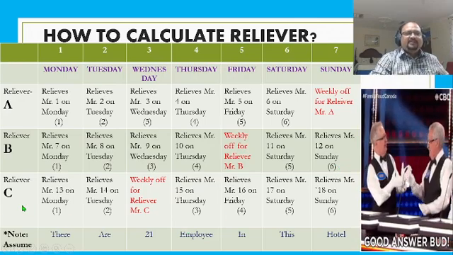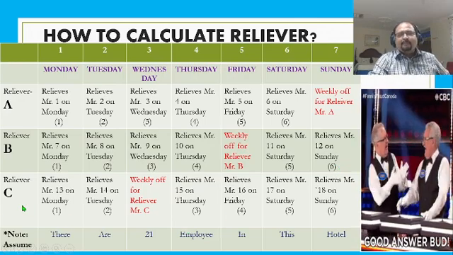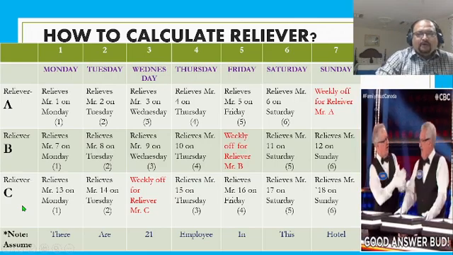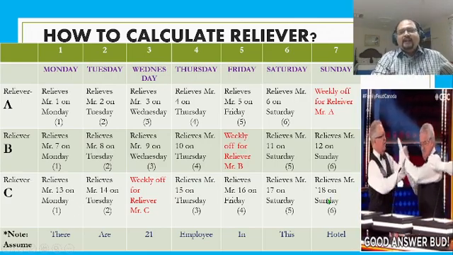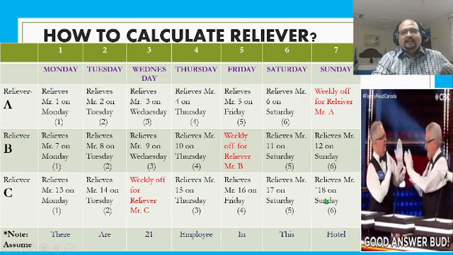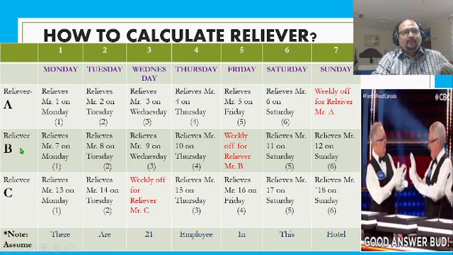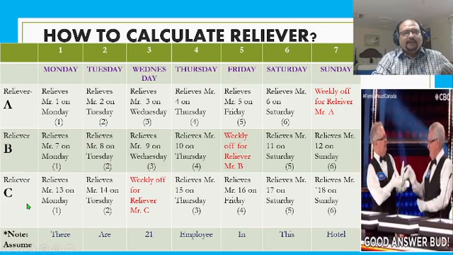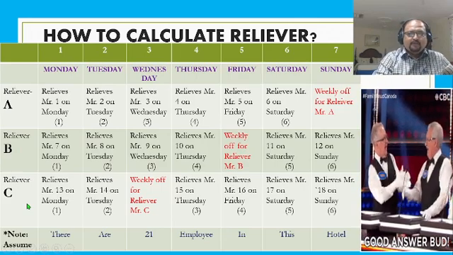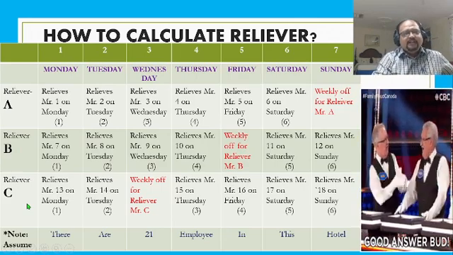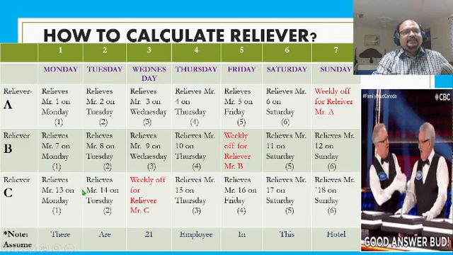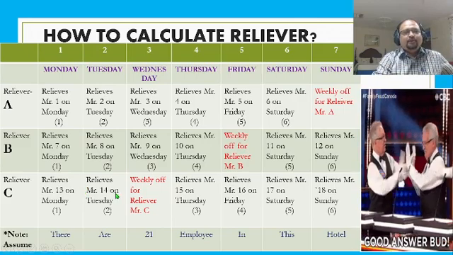We have reliever C, who happens to be employee number 21, because as you can see in total we have 18 employees plus 3 relievers. So they are employee number 19, employee number 20 and employee number 21. Here employee number 21, reliever C, will relieve Mr. 13 on Monday, 14 on Tuesday.